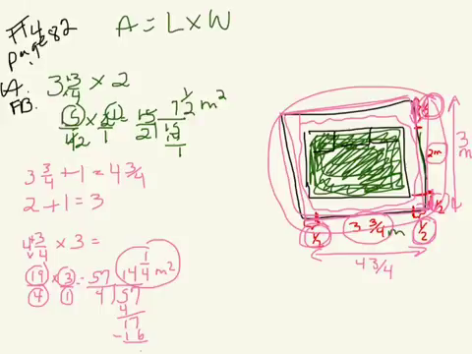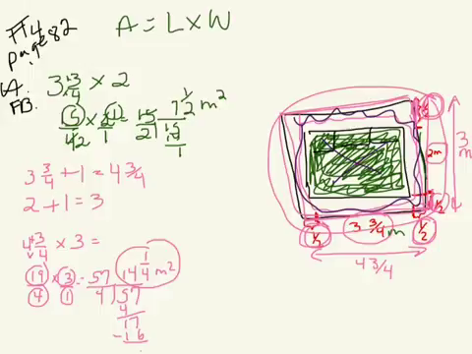Well, my next step is, I'm going to change the color again. Let's say I need to find out just what this border is. So I'm going to take away the square meters of the inside flower bed.